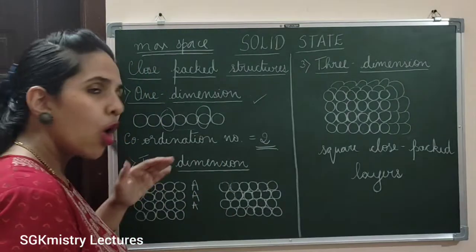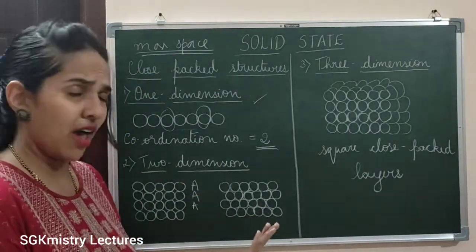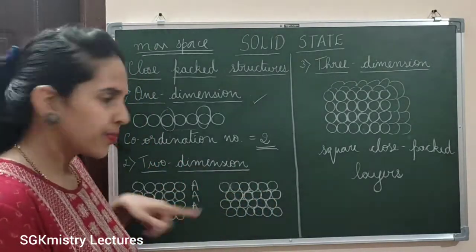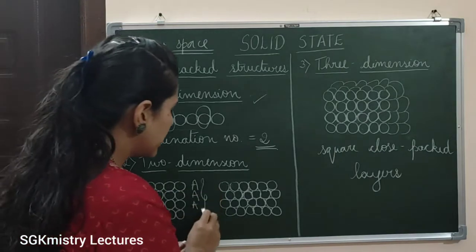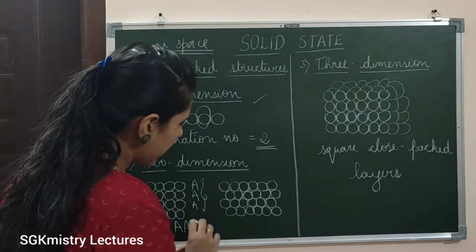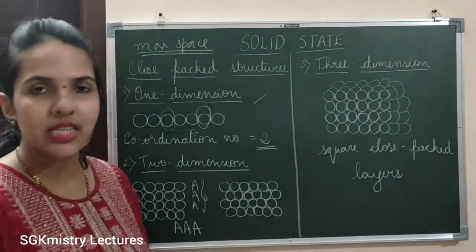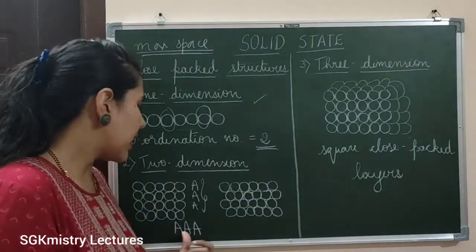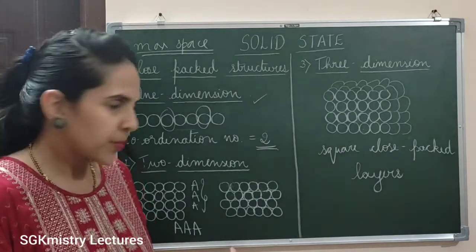All the layers have the same arrangement as that of the first layer. So this type of arrangement is called AAA. All are having the same type of arrangement. That's why this is called AAA type of arrangement.